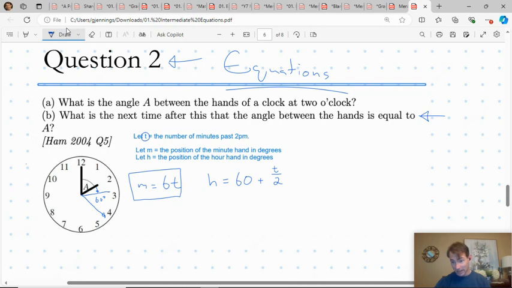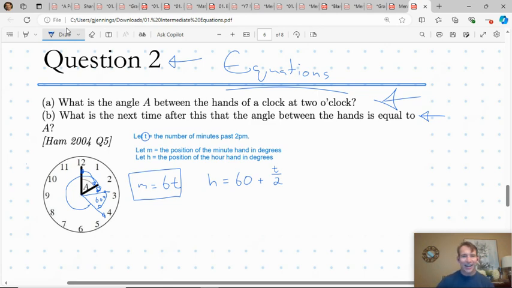I'm not sure if that's a 60-degree angle or a 300-degree angle, to be honest, because we were starting from the minute hand here and going to the hour hand. It seems different to start from the hour hand and go to the minute hand. But we're going to find it anyway, and then we're going to tell the marker, hey, I found this one. I'm not sure if it's the one you're looking for, so I'll find you the second one as well. Because your question was ambiguous, sir.